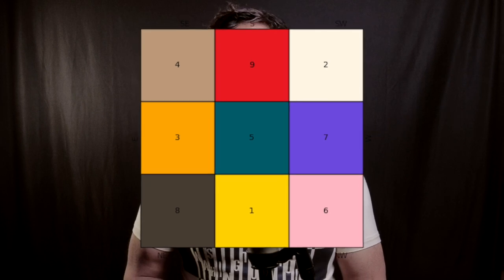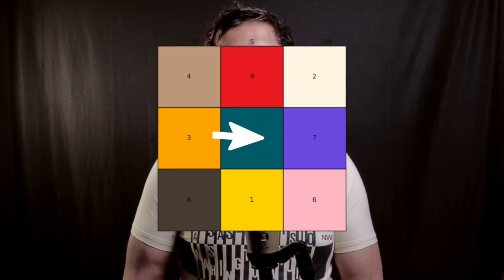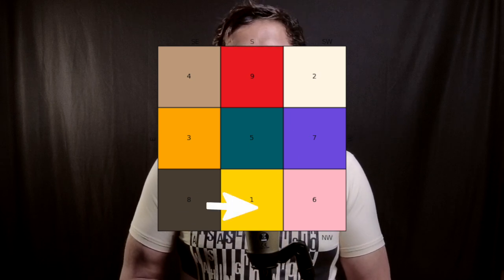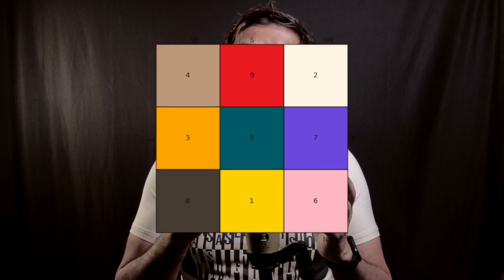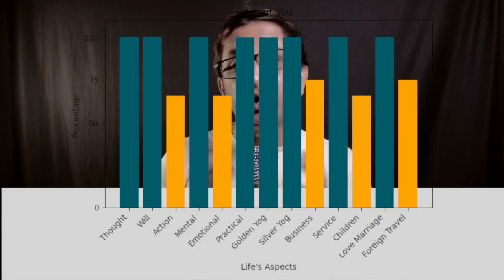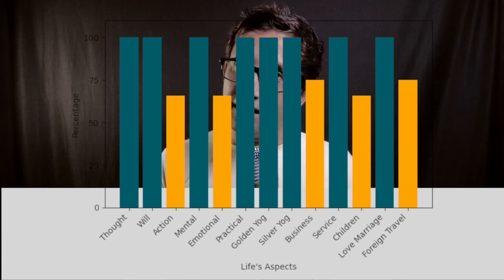Your five elements like wood, fire, metal, water, and earth, your thought, your will, your action, abilities or capability, your mental trait, your emotional characteristics, your practical worth, your golden plane, your silver plane, your business virtue if you wanted to do business, or your service, your children, arranged or love marriage, your foreign travel.